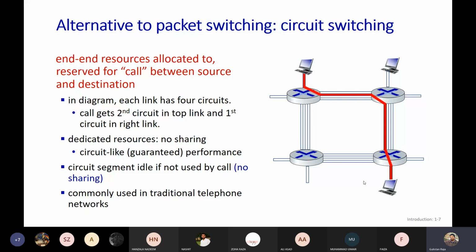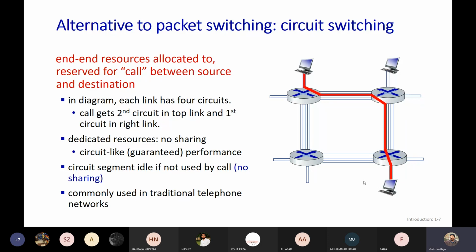And during this connection establishment, resources are reserved: whether the circuit is available in the exchange or not is being checked. So you can think of it like this: resources are reserved during the call. In circuit switching, when you establish an end-to-end connection between source and destination, the benefit is that you can reserve the resources needed for that call.